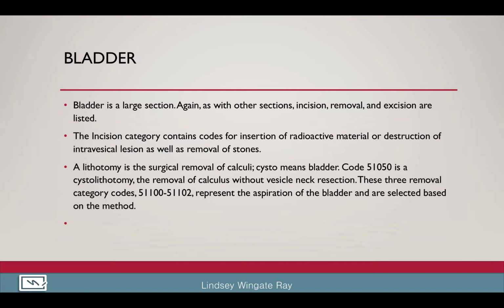A lithotomy is the surgical removal of calculi, which are stones. Cysto means bladder. Code 51050 is a cystolithotomy, the removal of a stone or calculus without vesical neck resection. These three removal category codes, 51100 through 51102, represent the aspiration of the bladder and are selected based on the method.